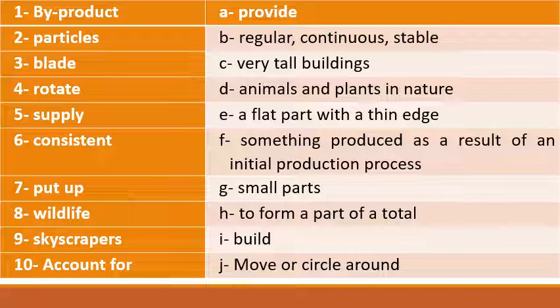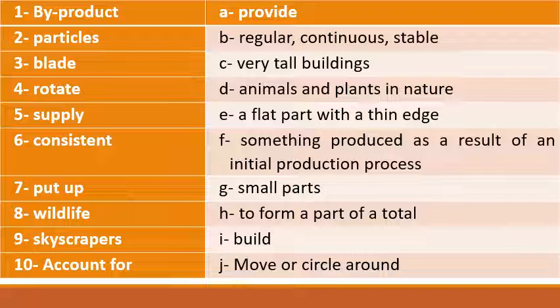Okay, so the first one here is byproduct. So what's the meaning of the word byproduct? Okay, let's do it with highlighting. So byproduct means, which one? Is it provide? Is it regular, continuous, stable, very tall buildings, animal and plants in nature, a flat part with a thin edge, something produced as a result of an initial production process, small parts to form a part of a total, build, move, or circle around.